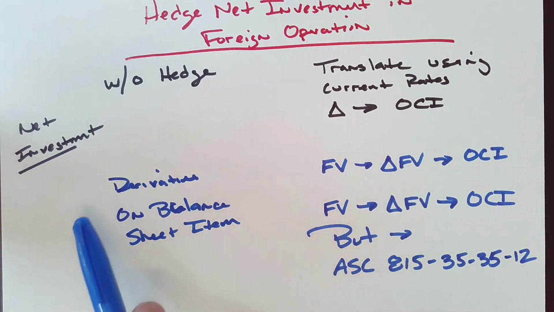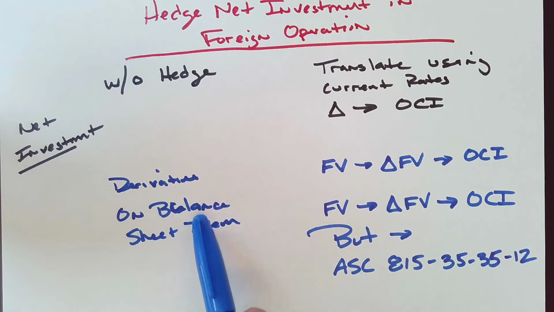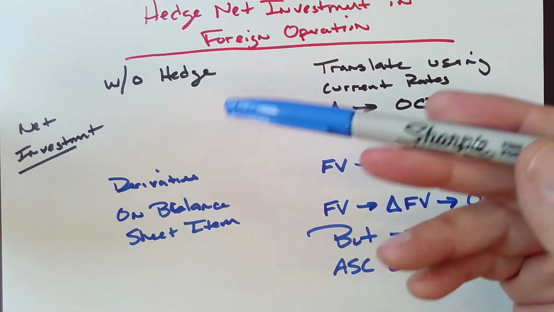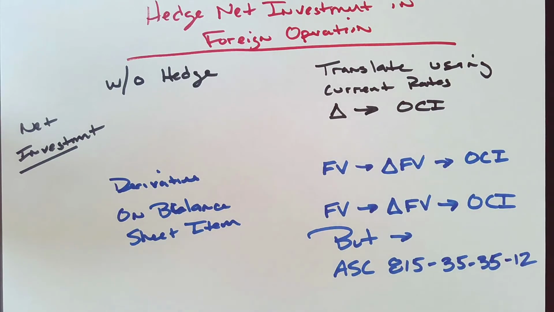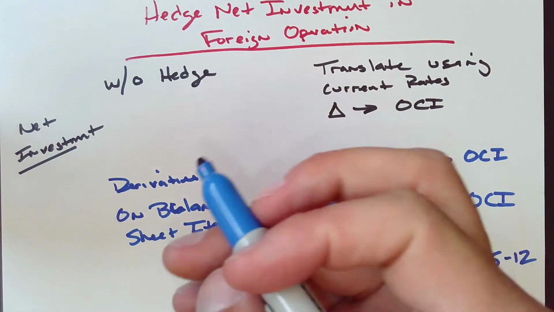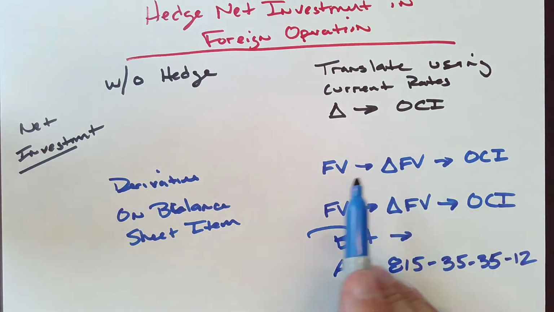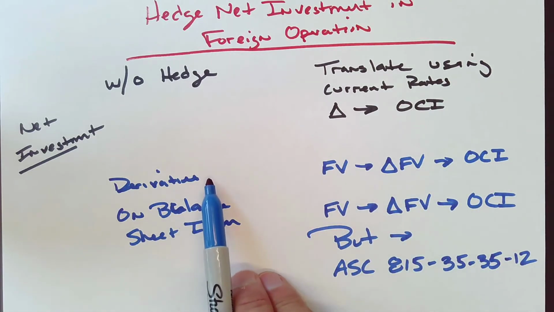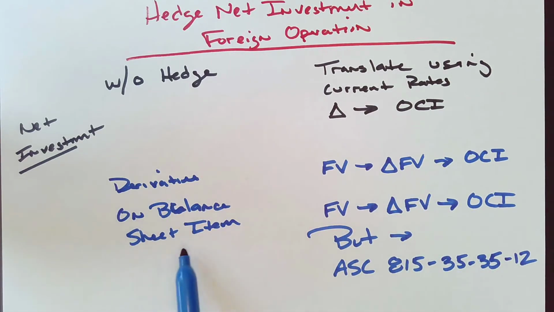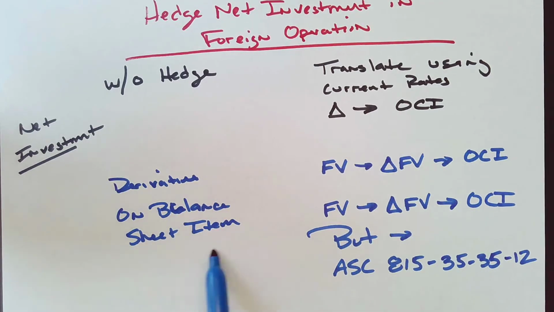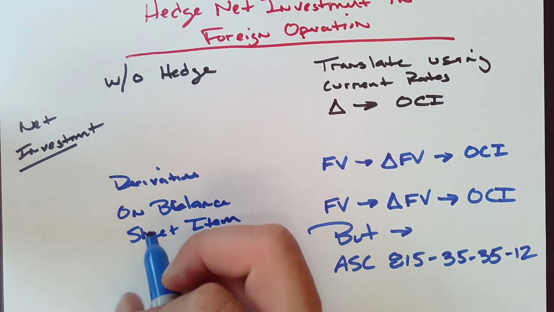You've got to make sure you go through all the process. If you don't get hedge accounting, the derivative fair value goes through the income statement, and the on-balance sheet item would have to be revalued under ASC 830.